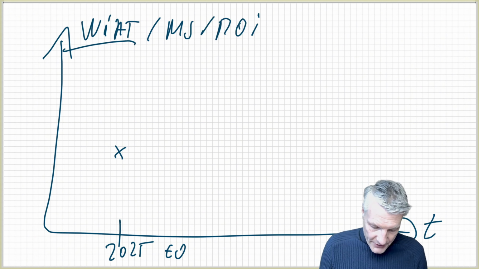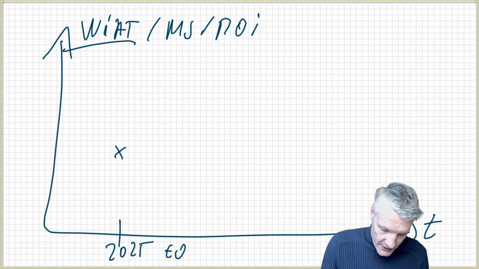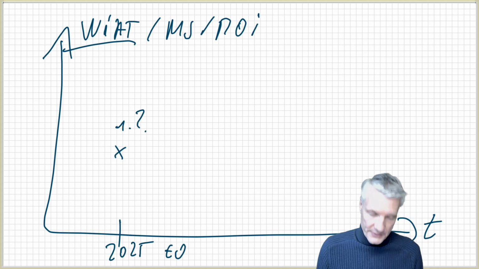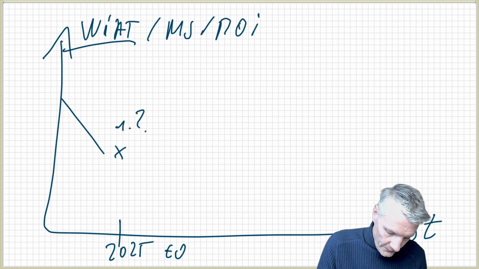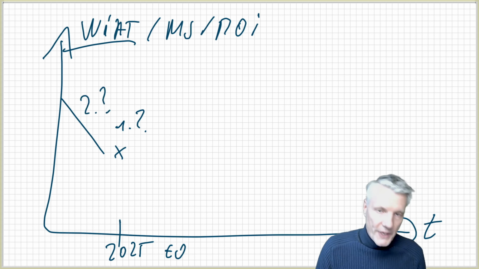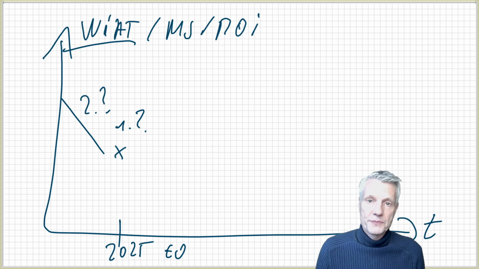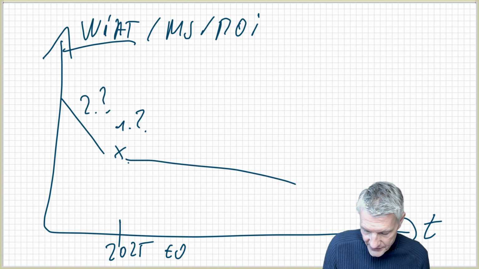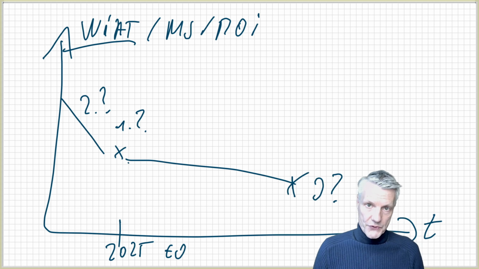If we take the NIAT, the first question is, where are we in terms of net income after tax as a business? Second question, where are we coming from? From which kind of profitability or market share are we coming from? Third question, where are we heading towards? If the market develops like that, where are we moving towards?